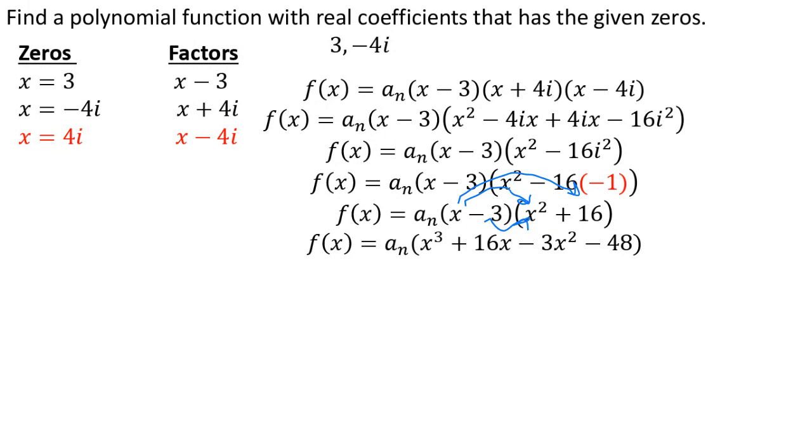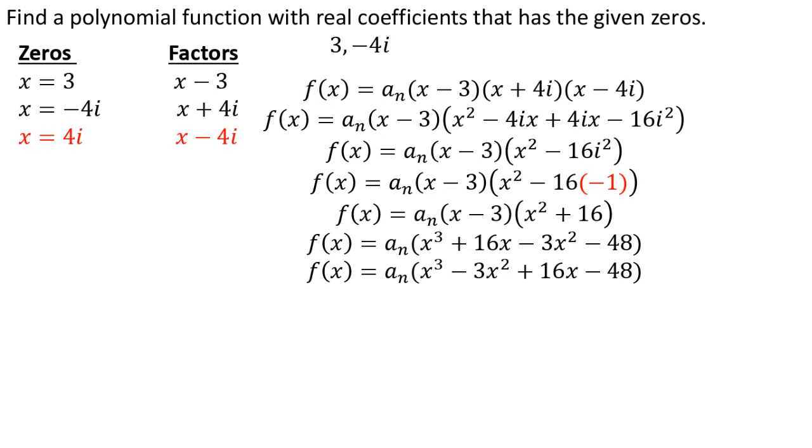Ruben, you want to continue this part really quick? Yes, ma'am. Okay. So we are here. We have x cubed plus 16x minus 3x squared minus 48. What we want to do is also put it in order, just to make sure that we have the right polynomial.